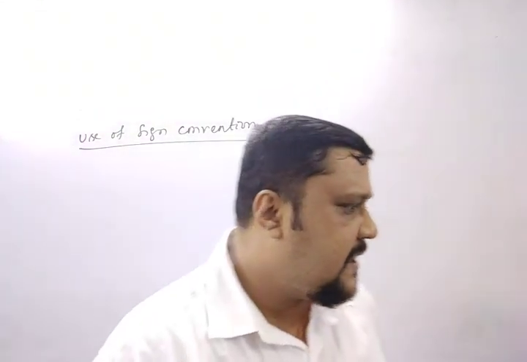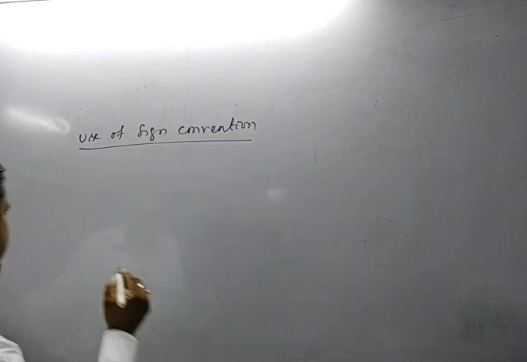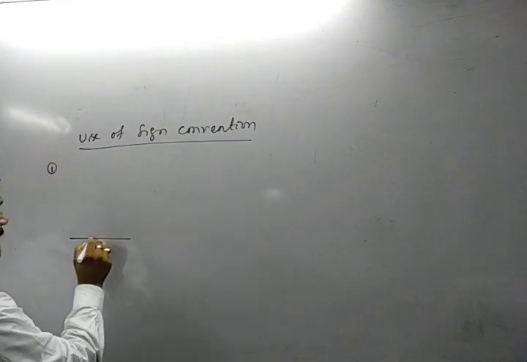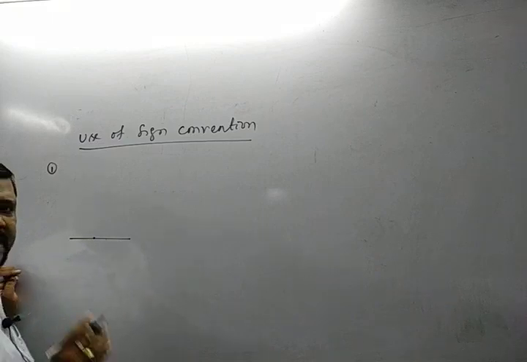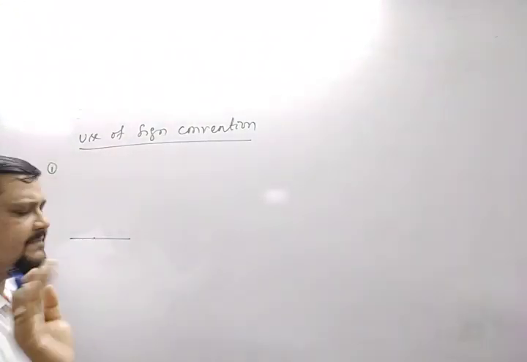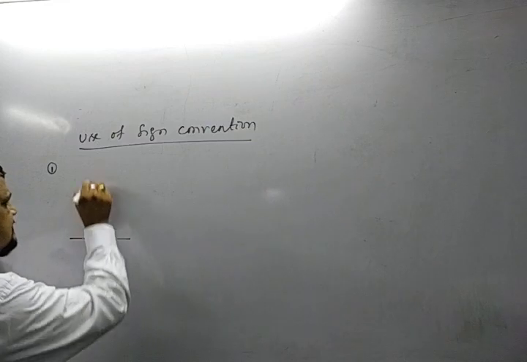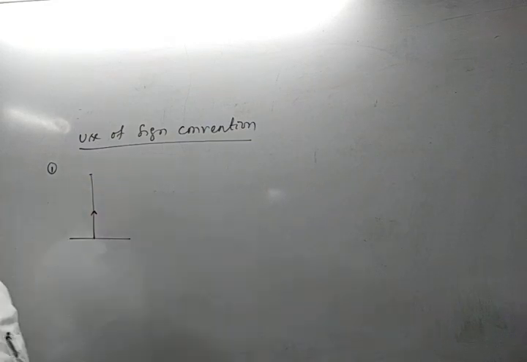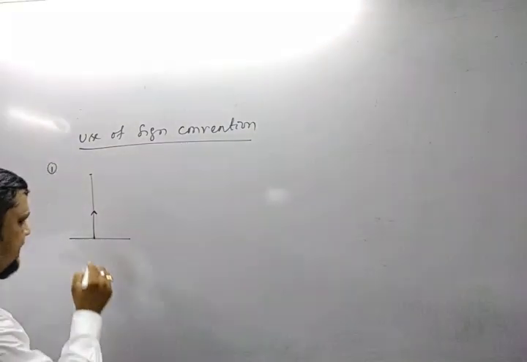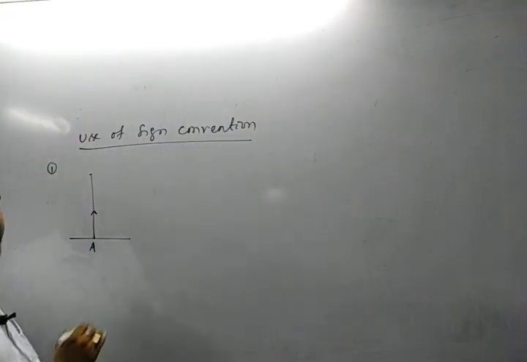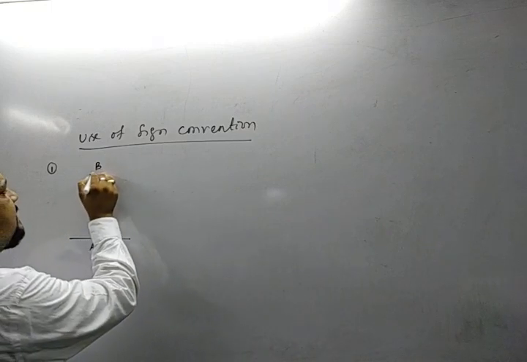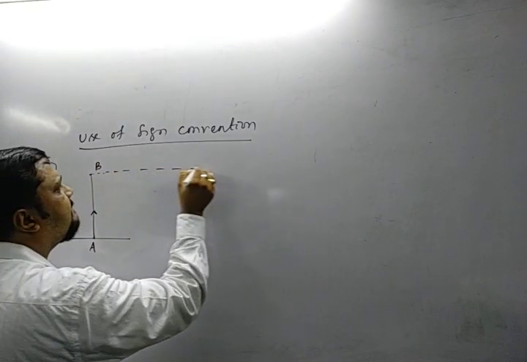Situation number 1: the body is projected and the motion is only under gravity. The body is projected like this from the point A and reaches the point B.